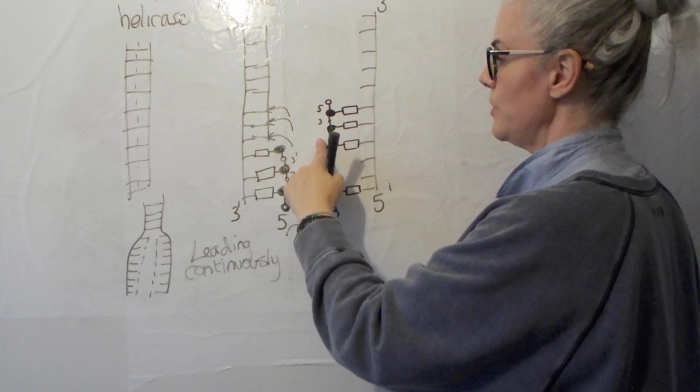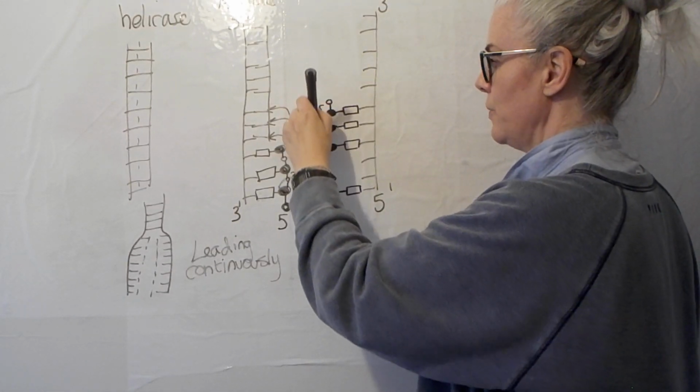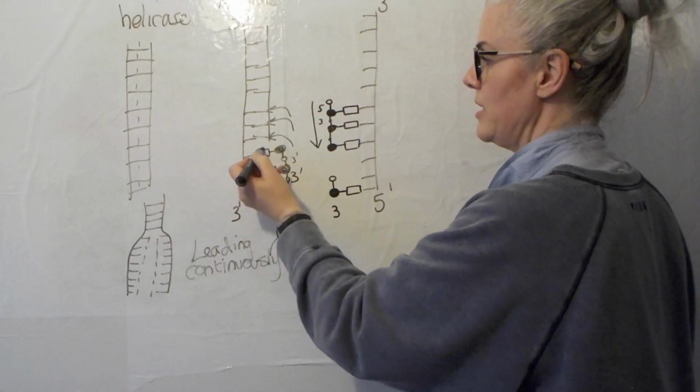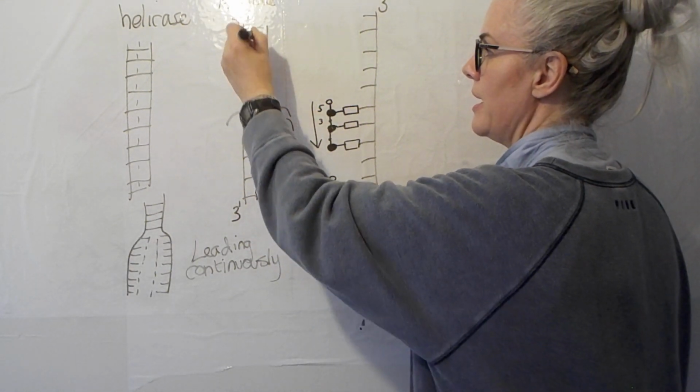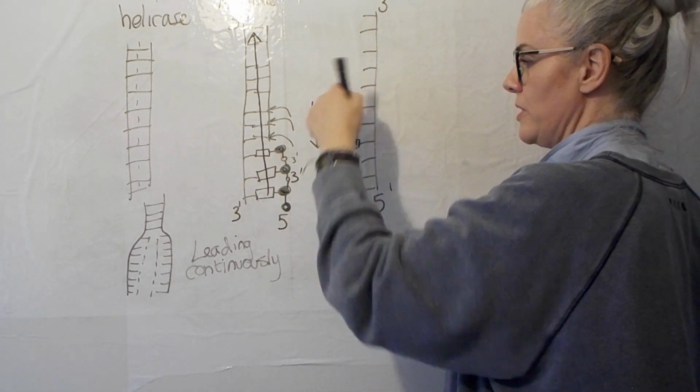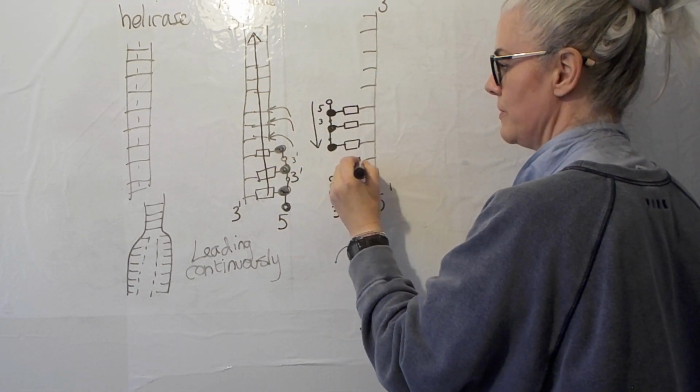Adding in the next one, so it's doing that phosphodiester bond, but it's going in that direction. So this one just continuously added them in as it was going. This one jumps forward and then goes backwards.